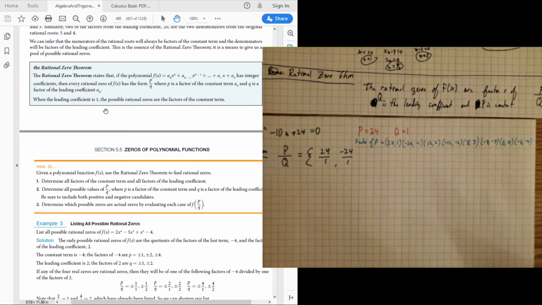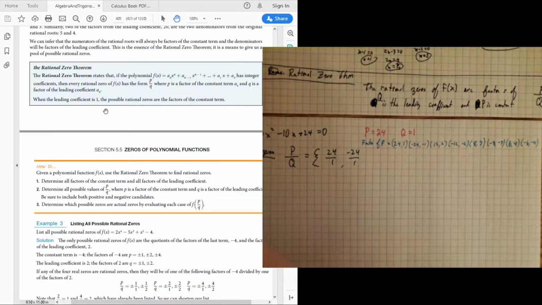So these are all the possible factors, which means that this list is just each of these top numbers divided by each of these bottom numbers.